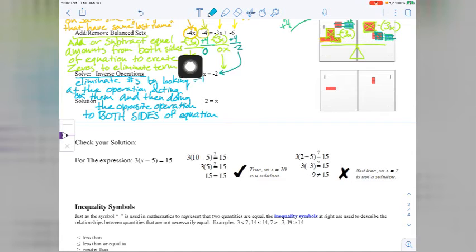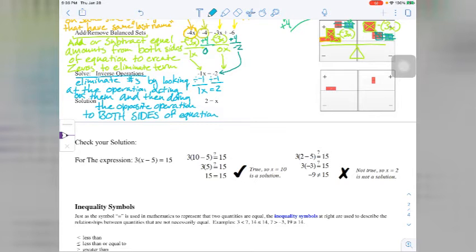The reason I do that is -1 divided by -1 equals 1x. And because I divided one side by -1, I need to keep it balanced by dividing the other side also by -1. And so -2 divided by -1 is just 2.